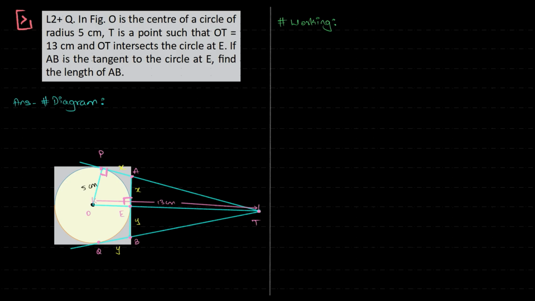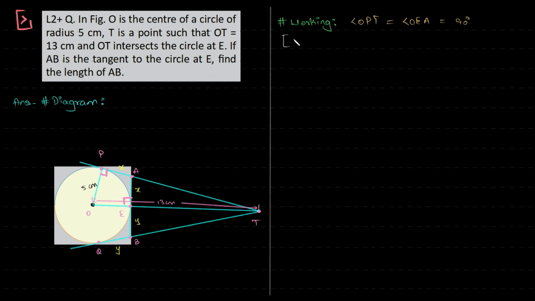So what do we have? What will we start off with, guys? Let's talk about angle OPT, OTP, and also angle OEA is equal to 90 degree. Why is all this?